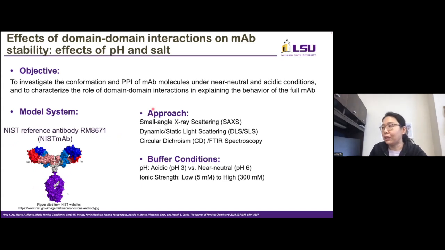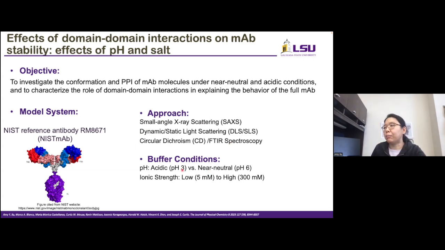So the approach that we took for this study: we performed small angle X-ray scattering experiments coupled with dynamic and static light scattering, as well as circular dichroism and FTIR spectroscopy to probe the secondary and tertiary structure change of the antibodies in different buffering conditions.